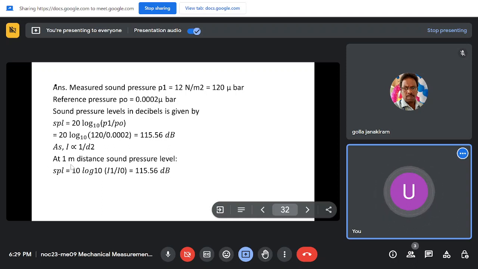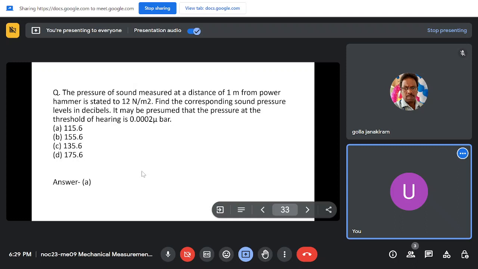So the sound pressure level at 1 meter will be 115.56 decibel. So moving on, this is option A.